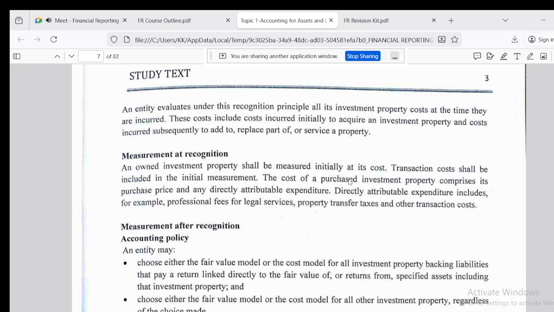So we have to break that one into purchase price and any directly attributable expenditure.